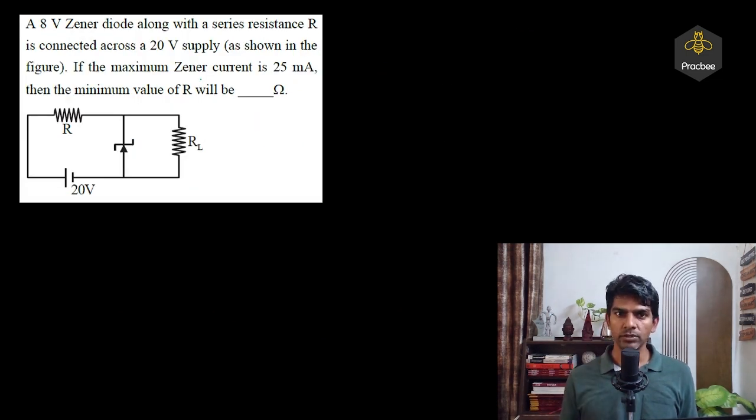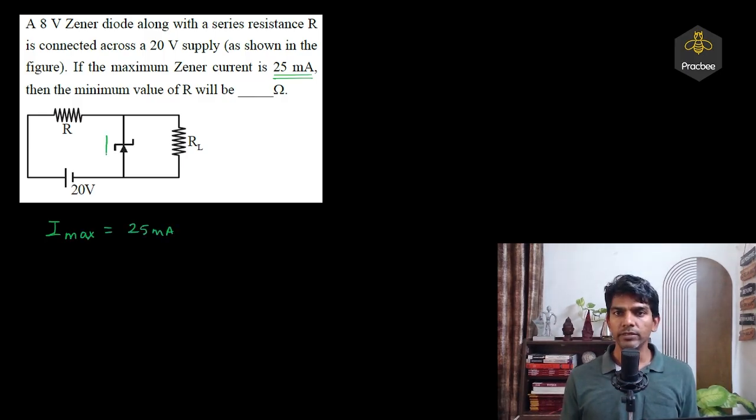Now let's see this question. A 8 volt Zener diode along with a series resistance R is connected across a 20 volt supply. If the maximum Zener current is 20 milliampere, the minimum value of R. So we have to find the minimum value of R. And I max is given 25 milliampere.